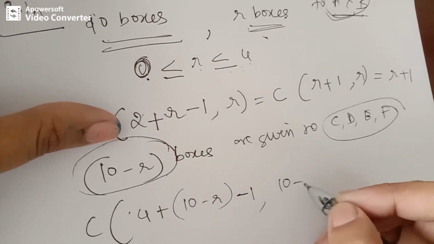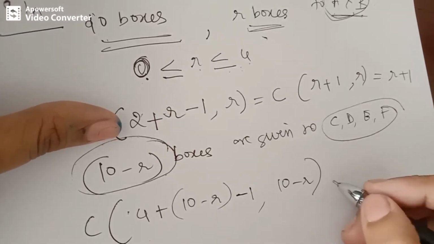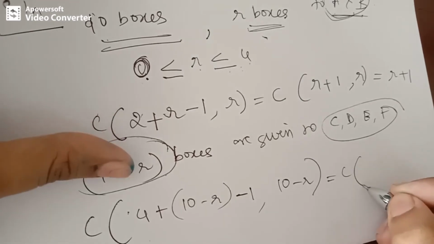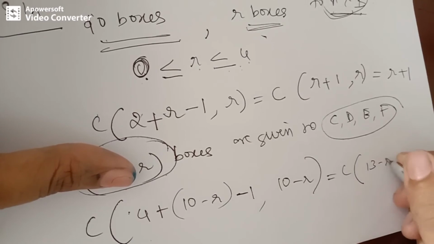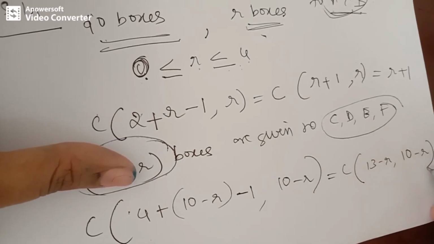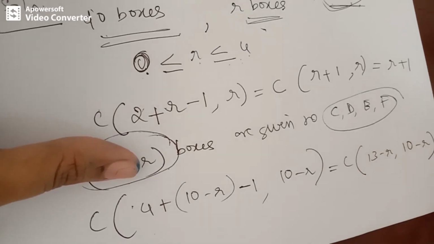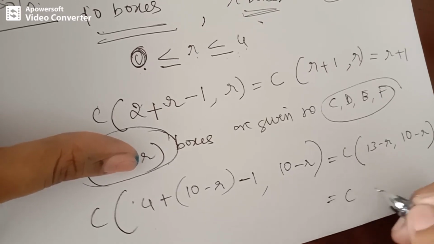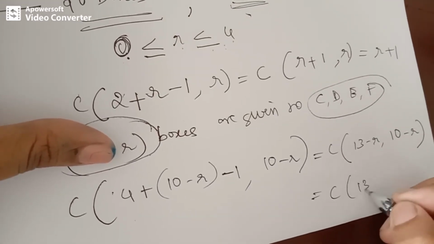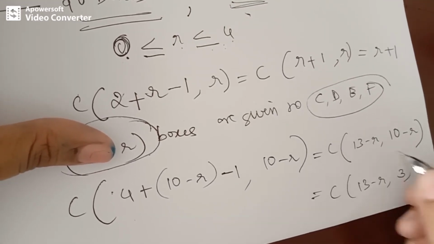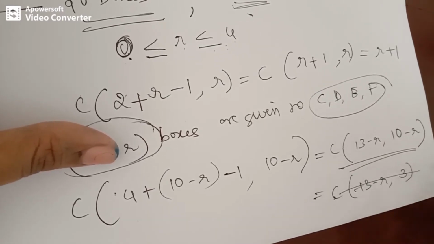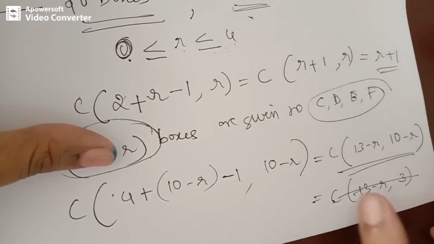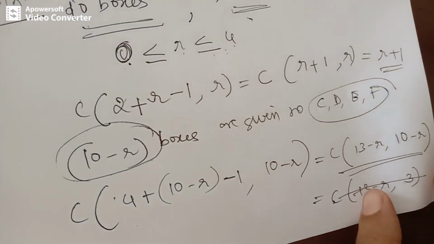What is the value of r here? It is 10 minus r. So what we get here is C of 14 minus 1, which is 13, comma 10 minus r. We can also write this as C of 13 minus r comma 3. You can write it either way.